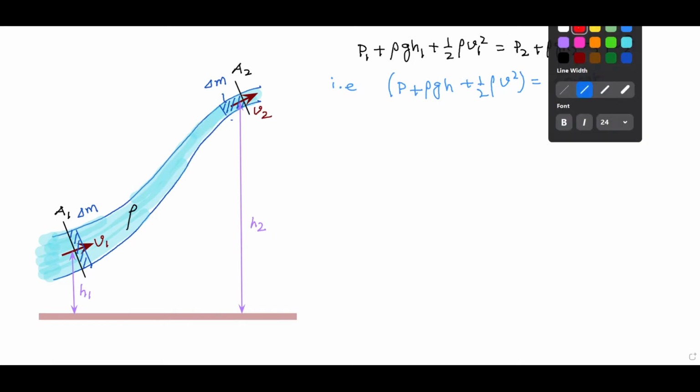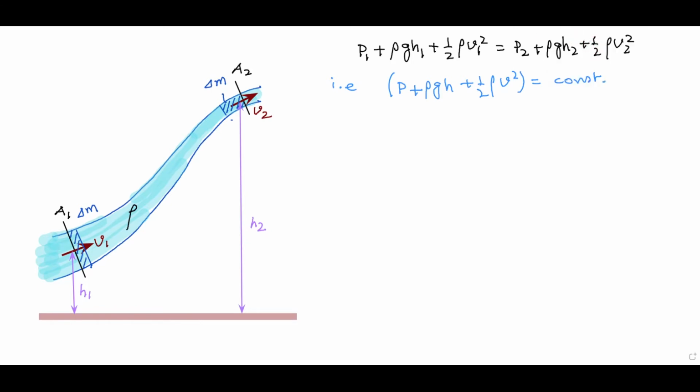Okay, so this fact requires some explanation. Consider this, consider liquid in this portion. The volume of this liquid is fixed. Volume of this liquid or volume of this portion of the pipe is fixed.